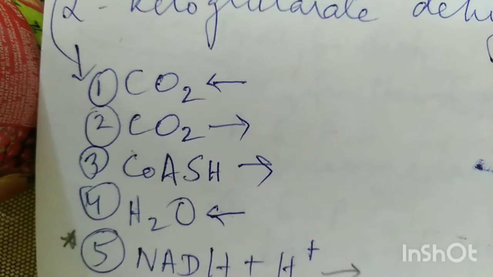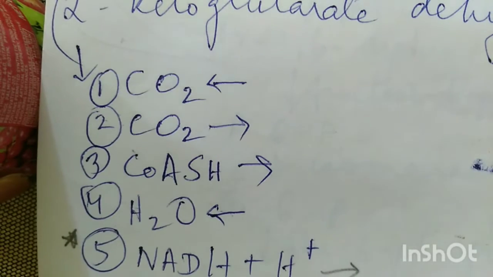In number 1 reaction, as you can see in the cycle, carbon dioxide enters. In number 2, CO2 is given out. In number 3 reaction, coenzyme A, SH is given out. In number 4 reaction, H2O enters.